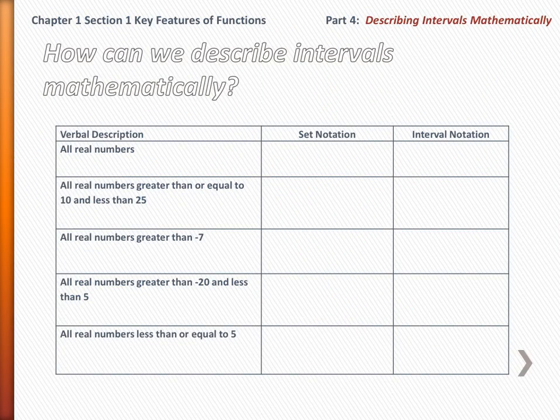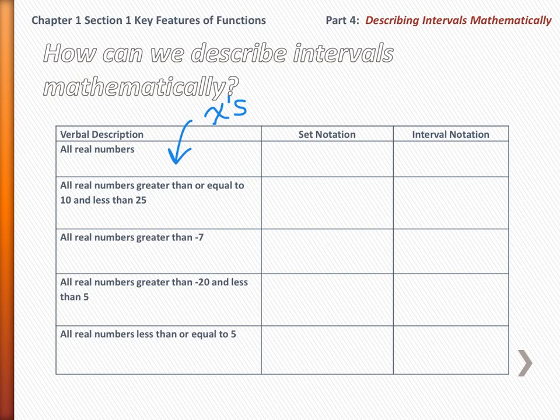Okay, so I have a list of 5 examples that we could go through. We've got a verbal expression in English, and we're going to translate that into symbolic notation, either set or interval. The first example is all real numbers. Well, all real numbers would go from negative infinity all the way up to positive infinity. We have to agree on what kind of variable we're talking about, and just for illustration purposes, let's use x's for the whole list.